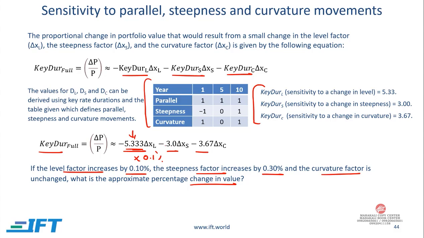So minus 3 into 0.3%. And then this is 0, so minus 0. So this into this, and then this into this. And when we do this calculation, we get minus 1.43%. So the answer to this question is that the portfolio value goes down by 1.43%.